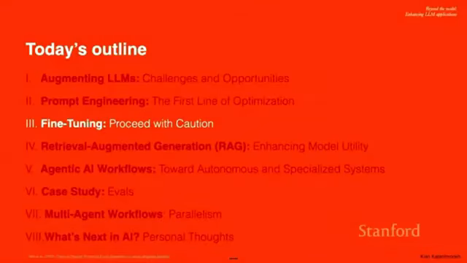Okay, so that was the second section on prompt engineering, or the first line of optimization. Now, let's say you've exhausted all your chances for prompt engineering and you're thinking about actually touching the model, modifying its weights, or fine-tuning it, in other words. I was telling you I'm not a fan of fine-tuning.